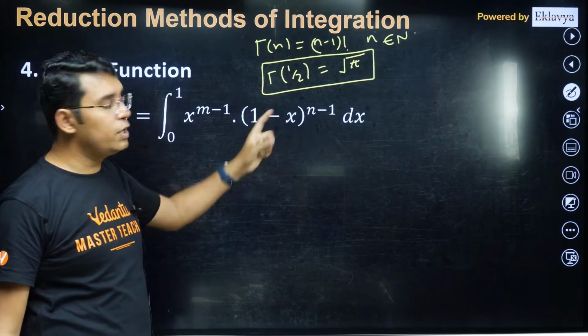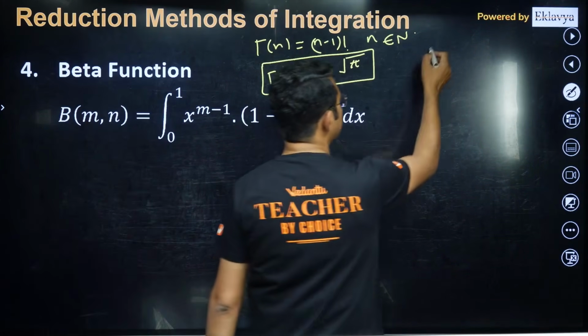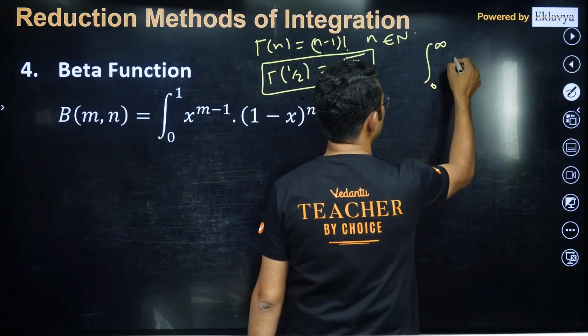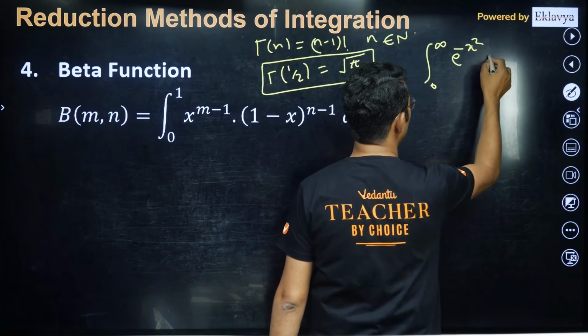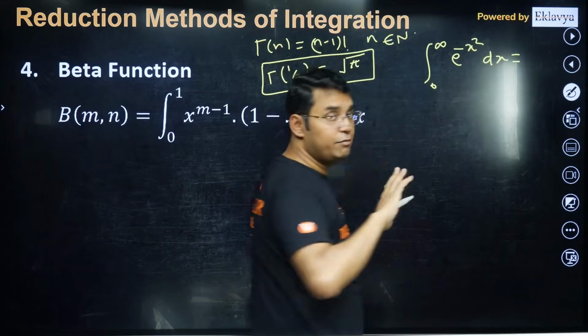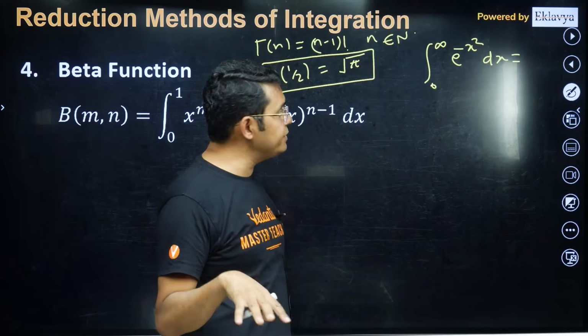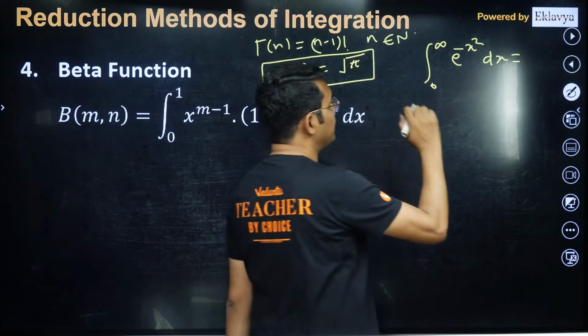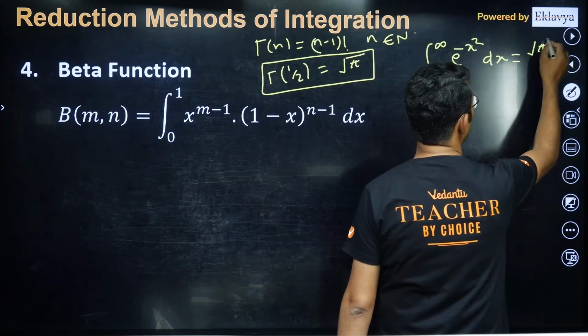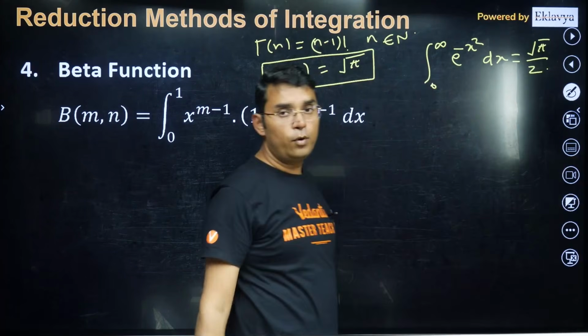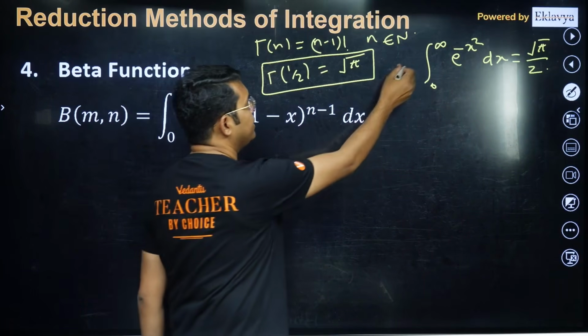So gamma half is equal to under root of pi. Actually, it is coming from that integral 0 to infinity e power minus x square dx, and this has some different method which I will not discuss in today's session, maybe some other session. This comes out to be, if I'm not wrong, root pi upon 2. So using that you can get this also.